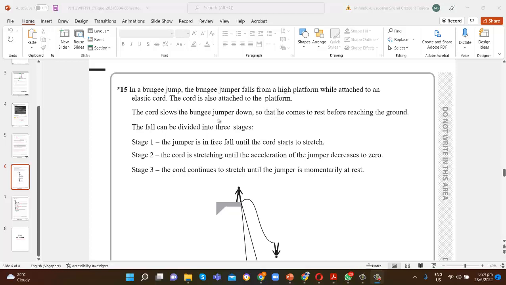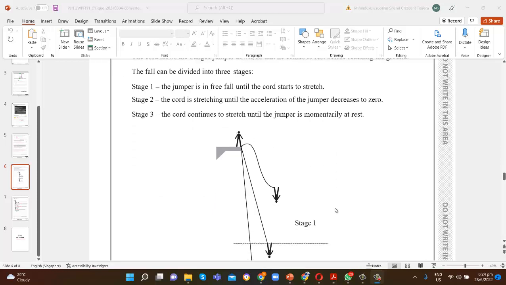The cord slows the bungee jumper down so that he comes to rest before reaching the ground. The fall can be divided into 3 stages. Stage 1, the jumper is in free fall until the cord starts to stretch. Stage 2, the cord is stretching until the acceleration of the jumper decreases to 0. Stage 3, the cord continues to stretch until the jumper is momentarily at rest.